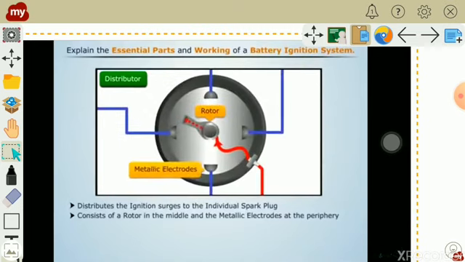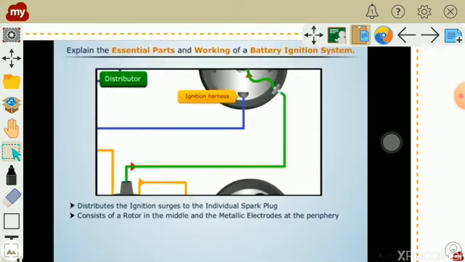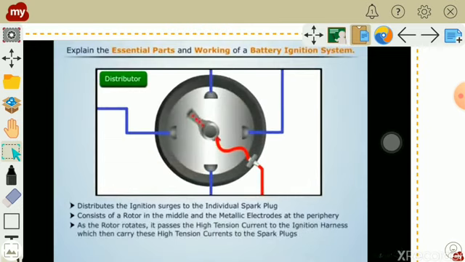It mainly consists of a rotor in the middle and metallic electrodes on its periphery. These metallic electrodes are connected to the spark plugs. Secondary winding is connected to the rotor, which is also driven by the camshaft. As the rotor rotates, it passes high voltage to the spark plug.